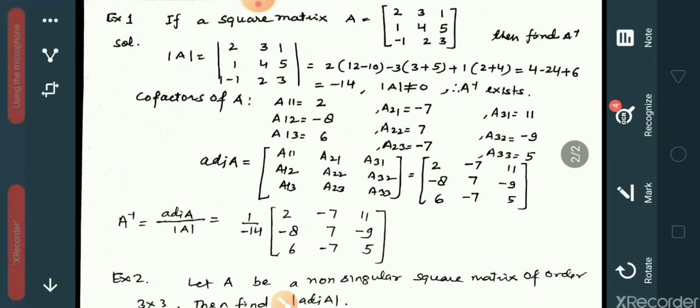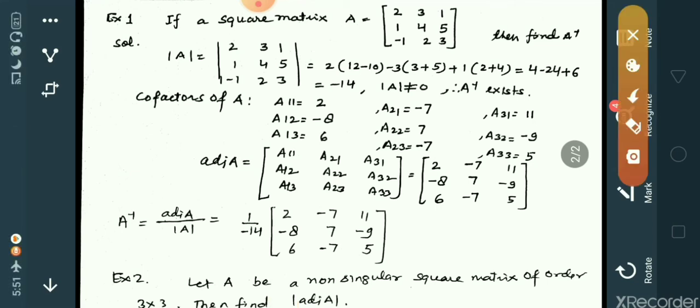Simply, student, if we are told to find the inverse of a matrix, first we shall find its determinant. If the determinant is non-zero, then we shall find A inverse, otherwise not. We shall not proceed until we get a non-singular matrix.